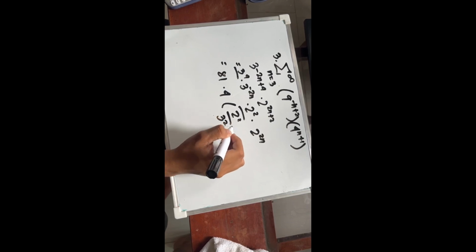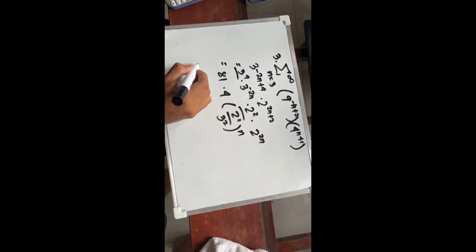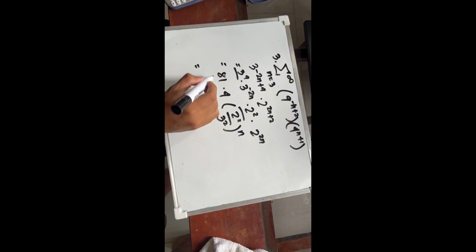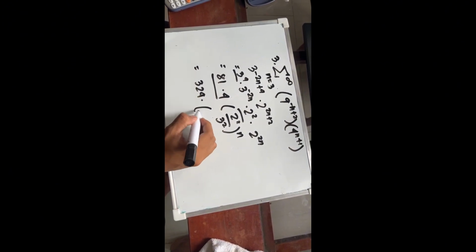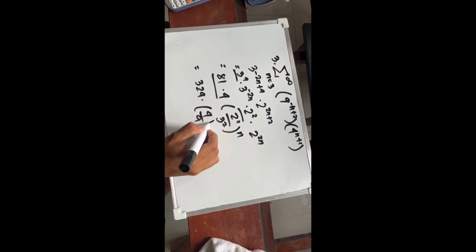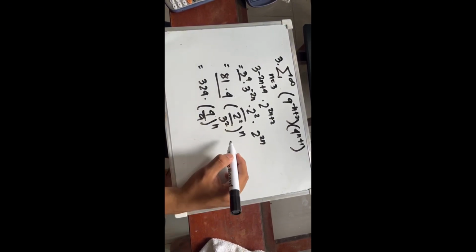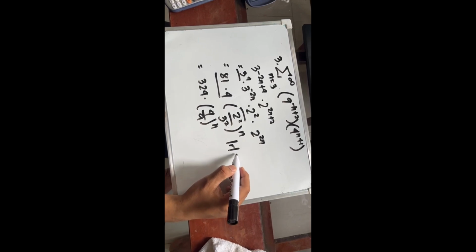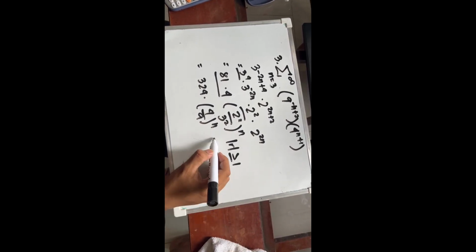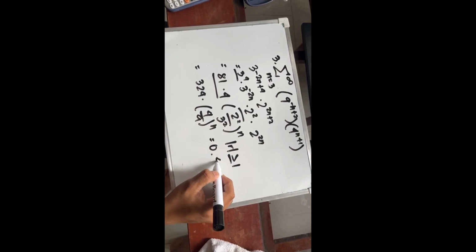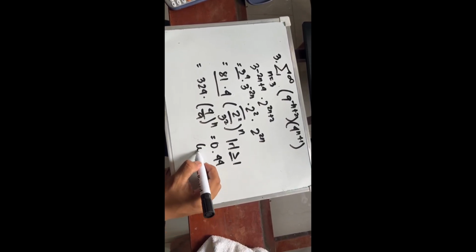We have 81 times 4 and 2 over 3 squared raised to n. So it equals 3 to the 4 times 4 over 9 to the n.